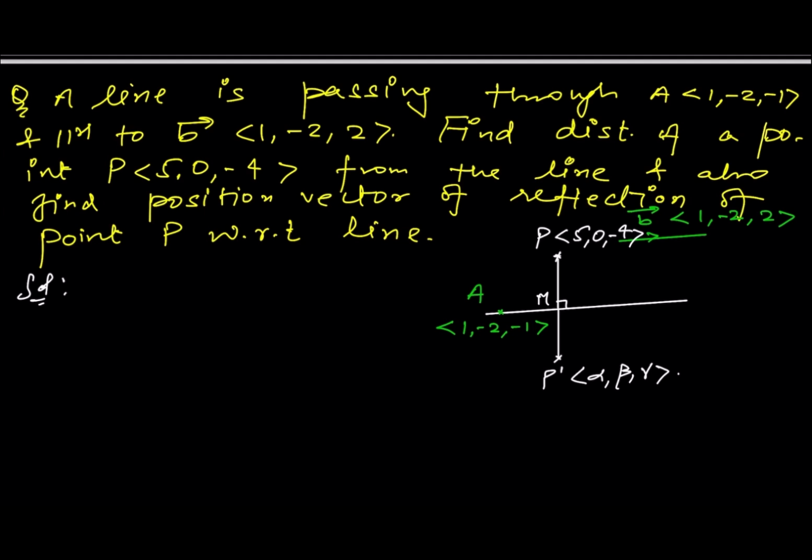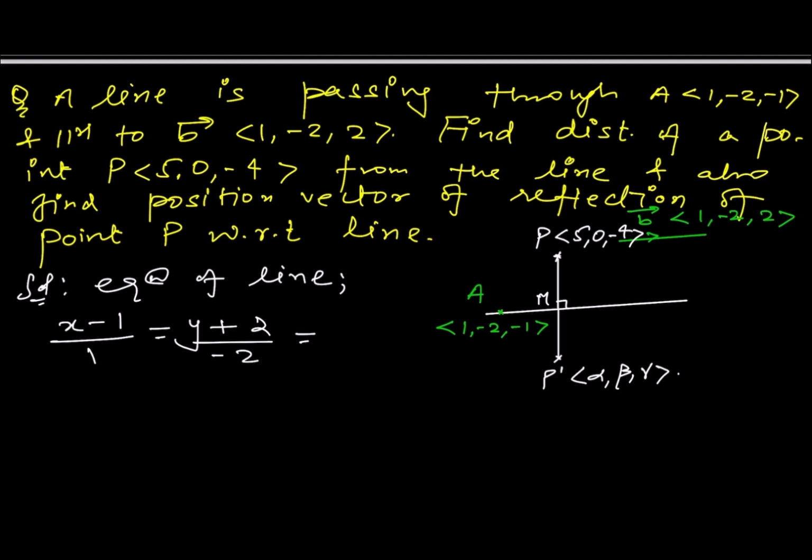So let's start. First of all, for this, let us take parametric coordinates of a line. So the equation of the line is (x minus 1) upon 1 is equal to (y plus 2) upon minus 2 is equal to (z plus 1) upon 2.